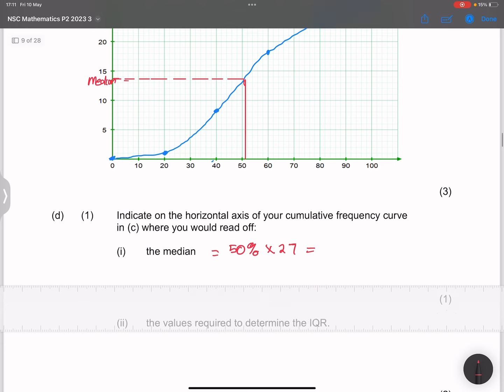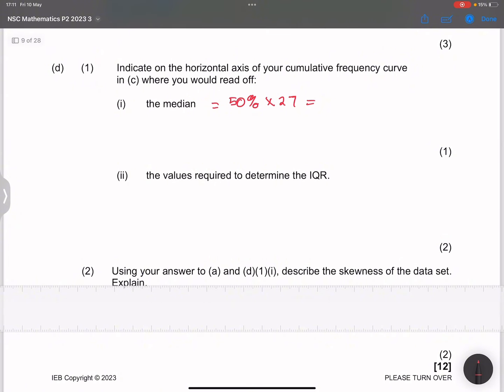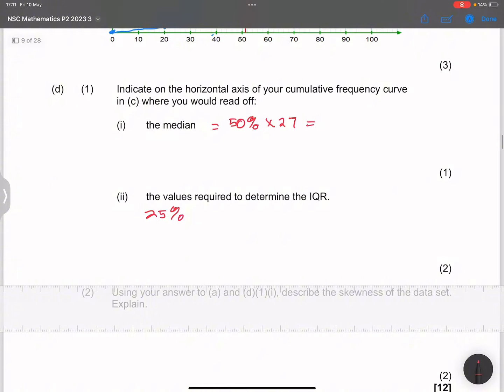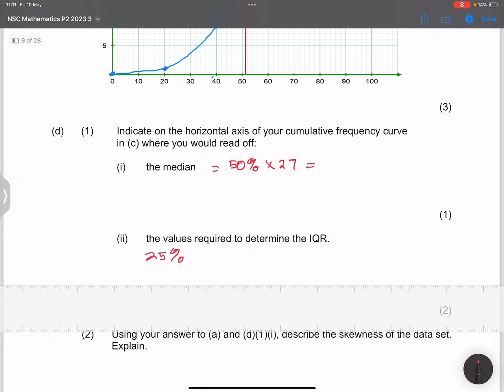And then they say to us, indicate where you would read off the values required to determine the IQR, the interquartile range. Now remember, that would be a 25th percentile, first of all. So I'm going to take 25% of 27, a quarter of 27, just to make sure that we are very accurate there.